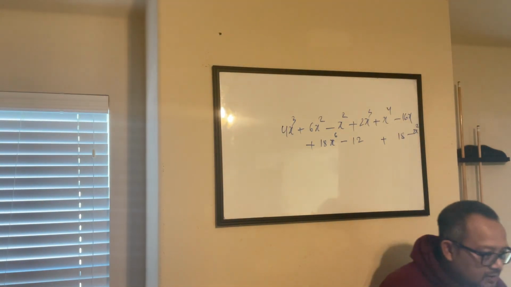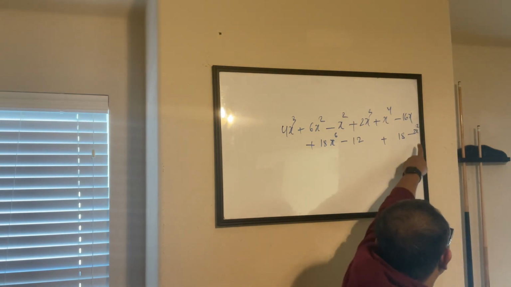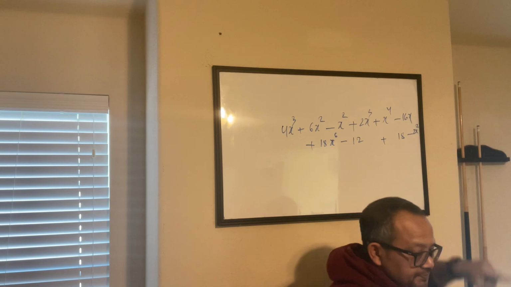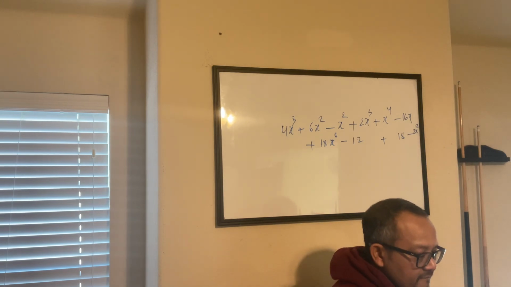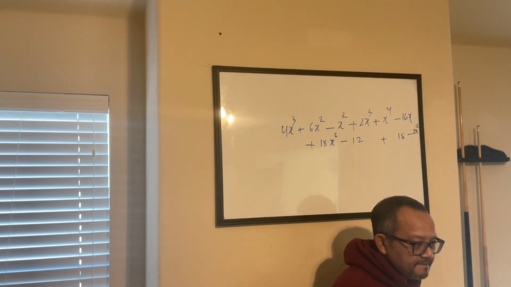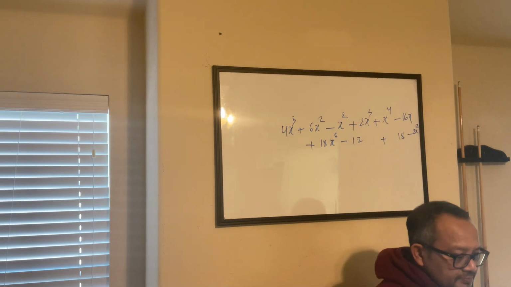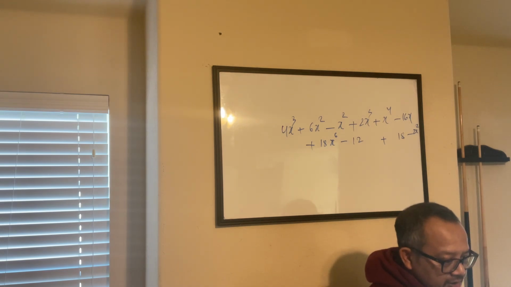Sir, what's the last number? It's 2x squared minus 2x squared. Is that clear, Sarah? Yes, sir. Thank you. Okay.